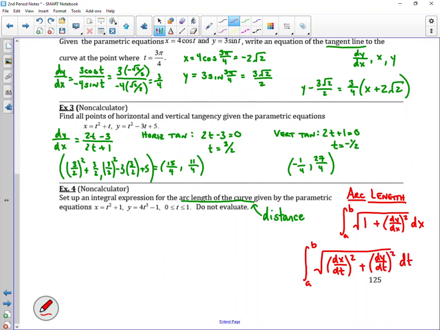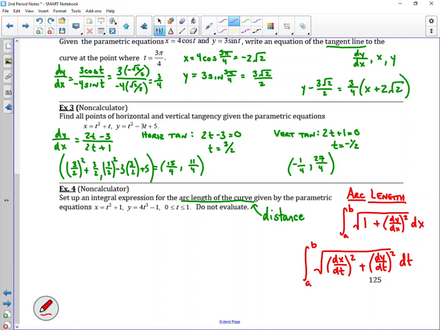So it's actually a lot easier for parametrics arc length than non-parametric arc length. Because you can calculate the x component and the y component separately and just add them together. So it's basically very similar to the distance formula, right?